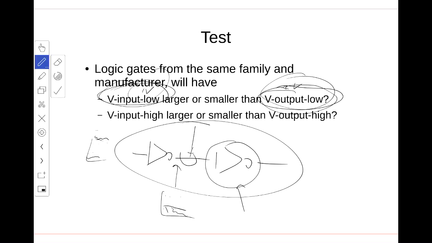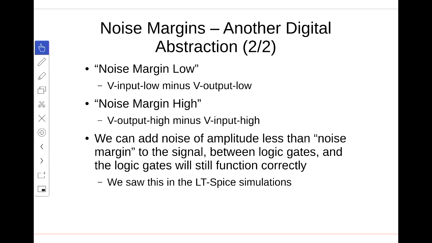Are there any questions about this concept? Okay, and so in fact we give them names because it's a simple but important concept. We call the difference between the two the noise margin, and so we've got a noise margin low and a noise margin high.